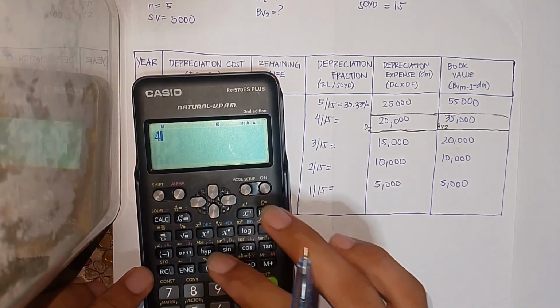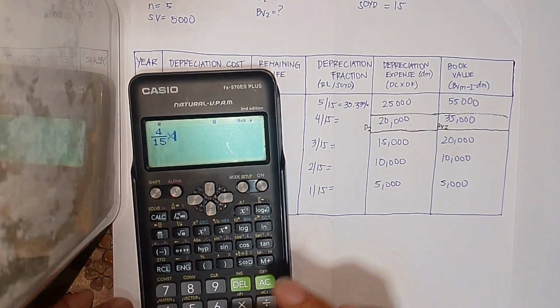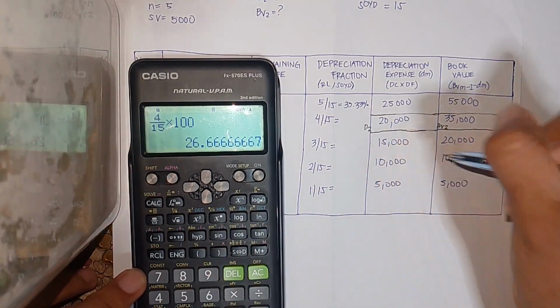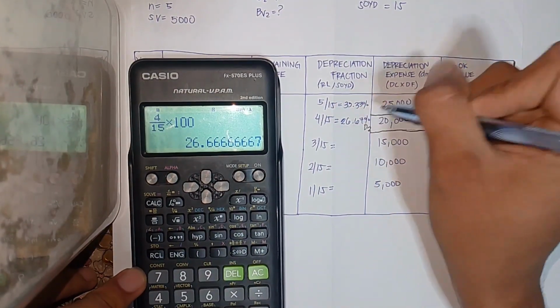Then 4 over 15 times 100, rounded off, 26.67%.